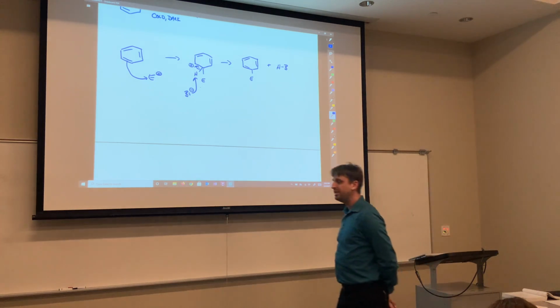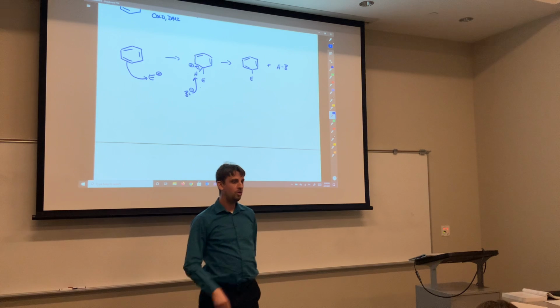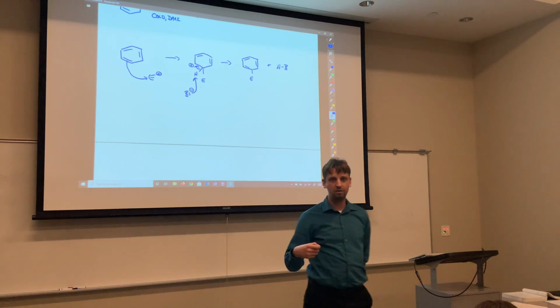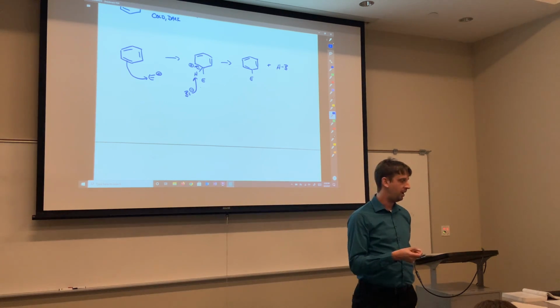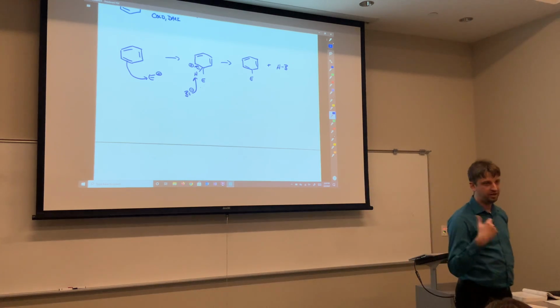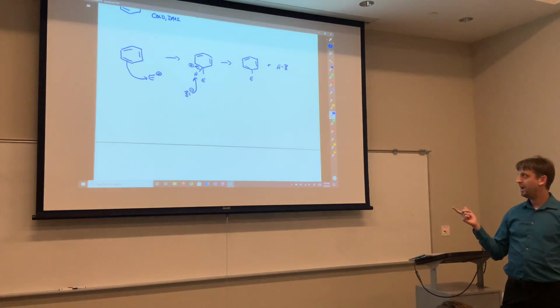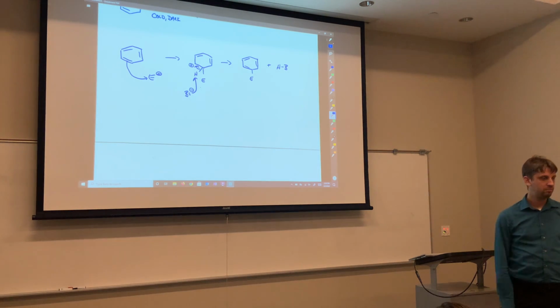So all the mechanisms are going to work the same way. Got it? We have to generate that electrophile. It gets added to the ring, and then we reform the ring. Got it? That's all that's happening here. Generate the electrophile, add it to the ring, and then reform the ring.